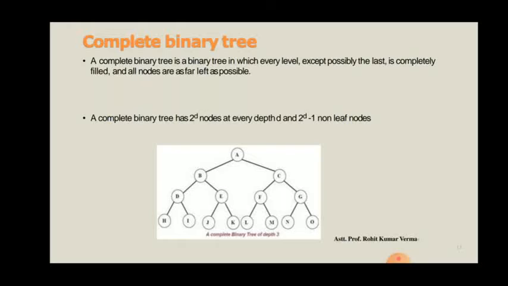For node D the degree is 2, for node E the degree is 2, for node F the degree is 2, for node G the degree is 2. So we can say that a tree in which every level except possibly the last is completely filled, and here all the levels except the last are completely filled, is known as a complete binary tree.